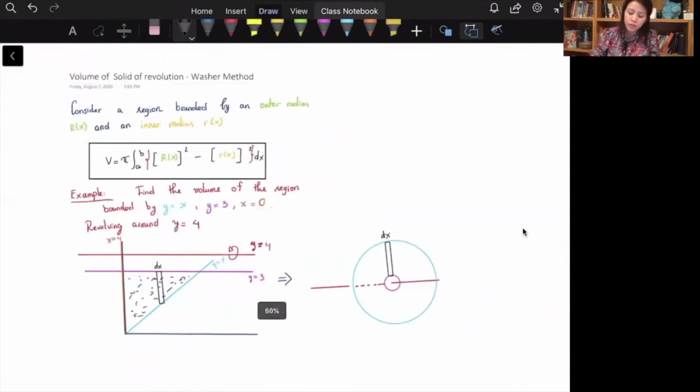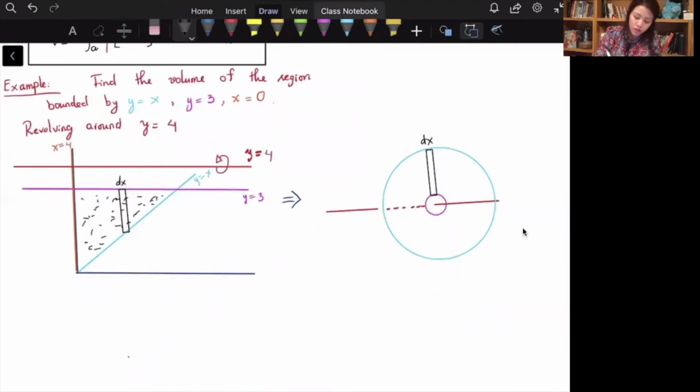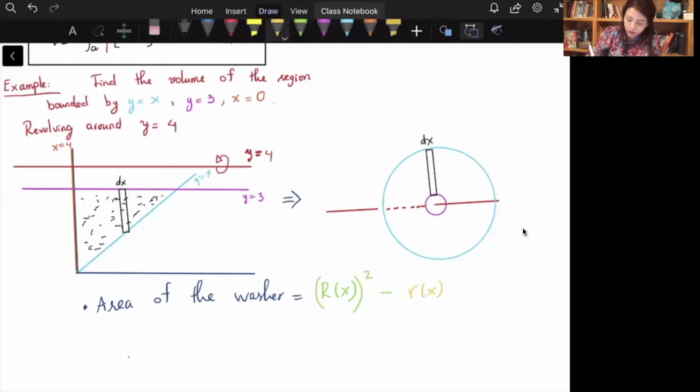So first, let me find the area of the washer, which is equal to the outer radius R of x squared minus the inner radius, which is little r of x squared.